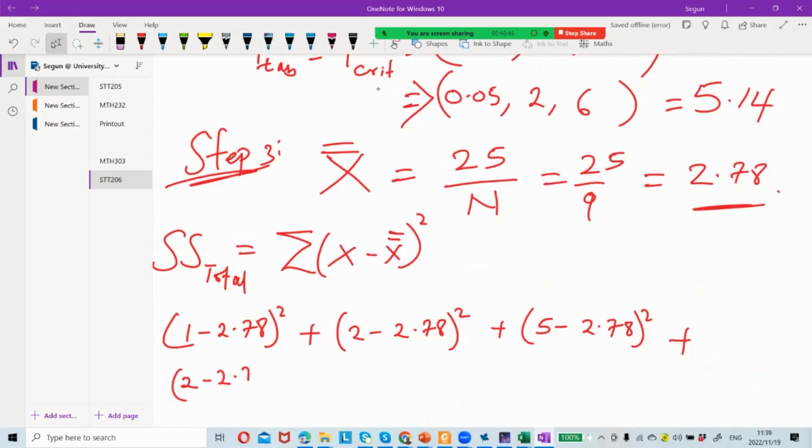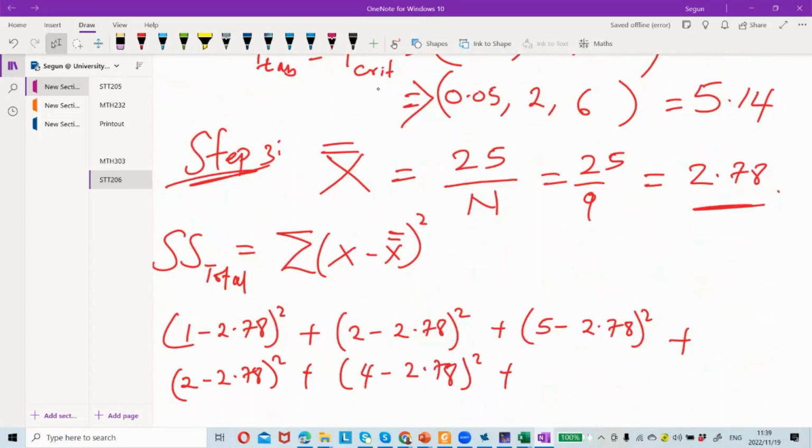2 minus 2.78 squared plus 4 minus 2.78 squared plus 2 minus 2.78 squared.